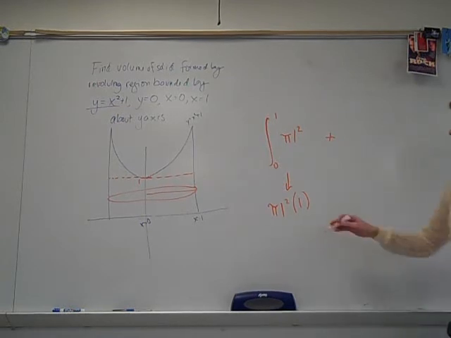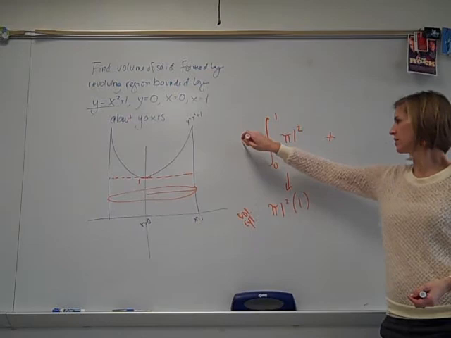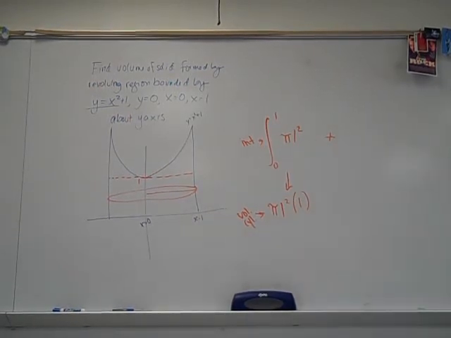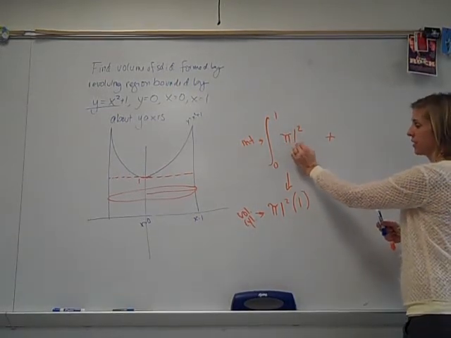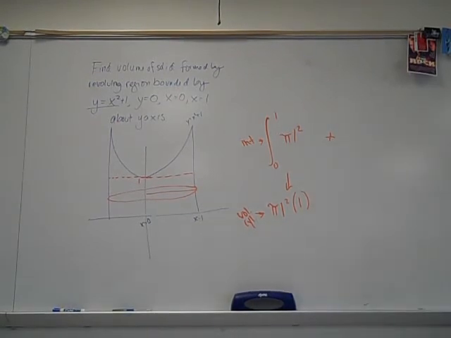This is the volume of a cylinder, and this is the integral. Either way is fine, I'm going to get the same exact answer. I can either integrate pi r squared with a radius of 1, or use the cylinder volume formula. It's totally up to you. Because we're in the mind frame of integrating, I would probably just use this, but it's up to you.